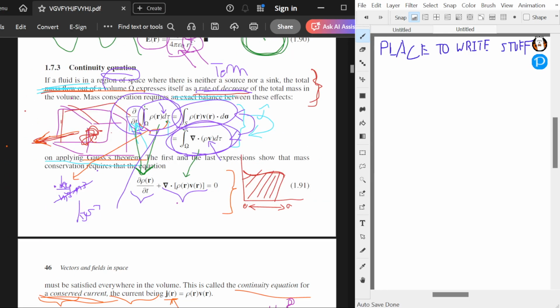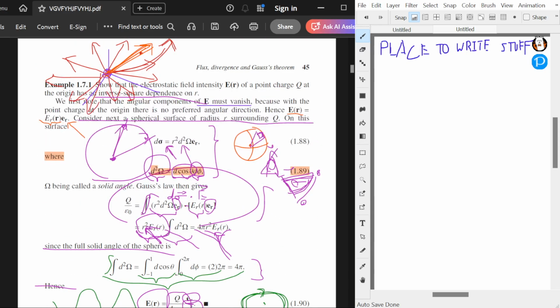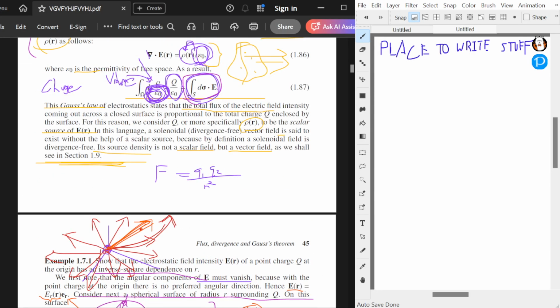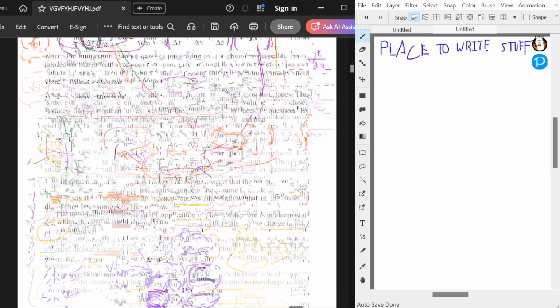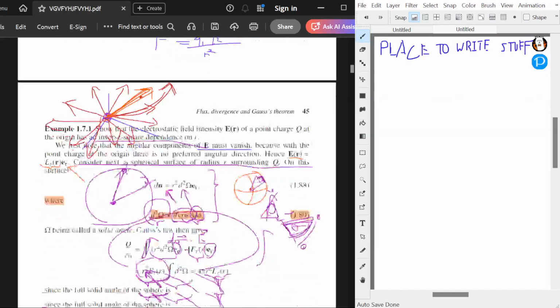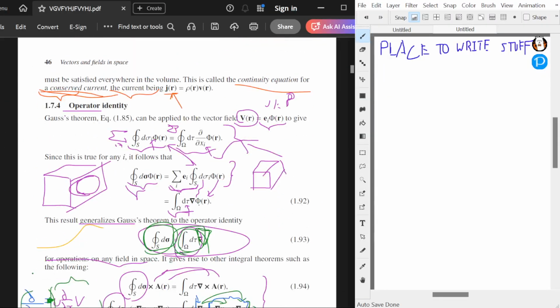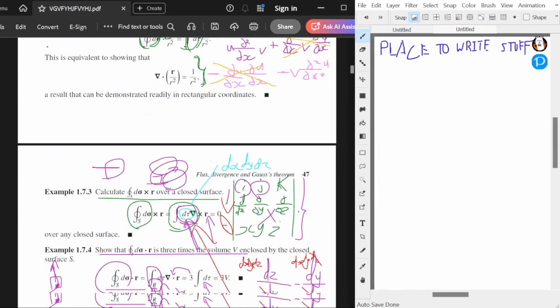continuity equation, like the total mass, the rate of decrease is equal to the change in density, basically. Gauss's law changed a surface integral into a volume integral and back and forth. And you realize you can just generalize that, if that is the correct word.